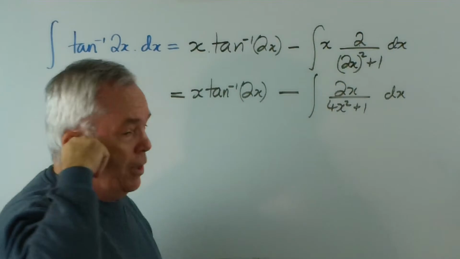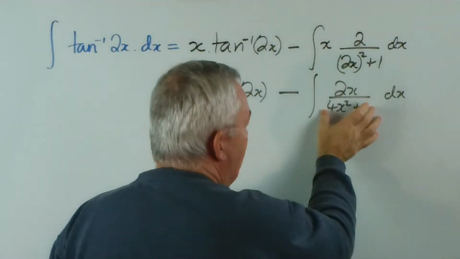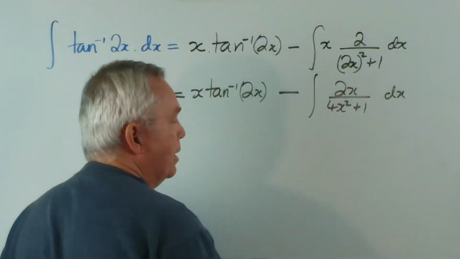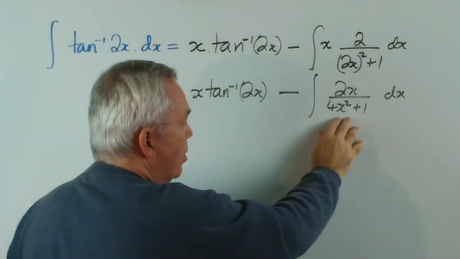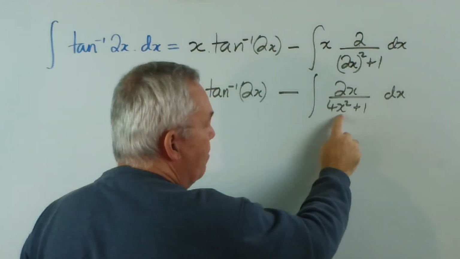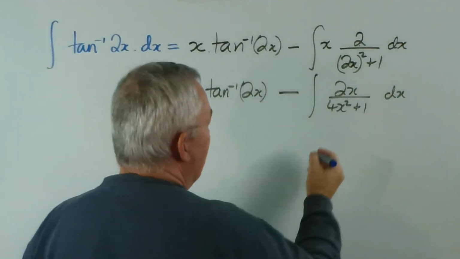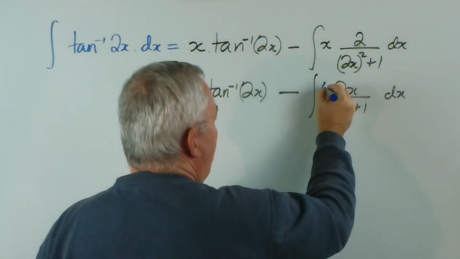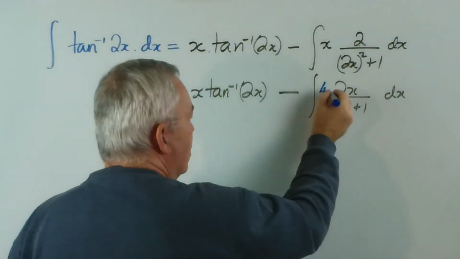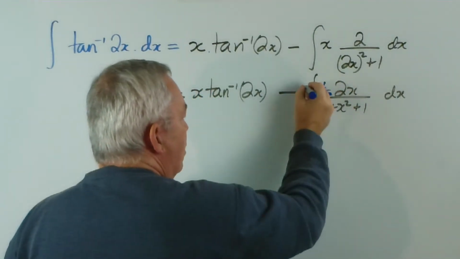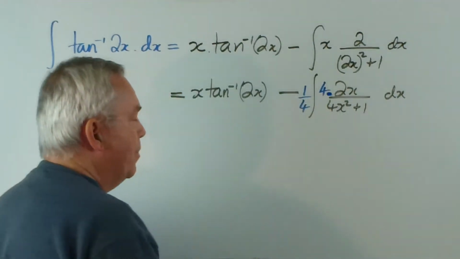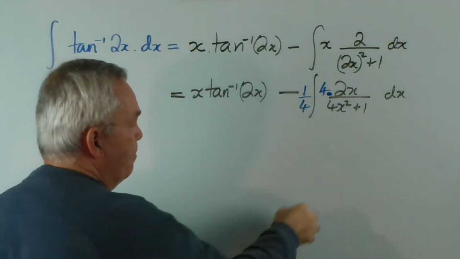Now I hope you notice very rapidly that the derivative of this very closely resembles that. That is, the derivative of the denominator would be 8x, and all we have to do is multiply the top by 4, I'll use a dot, and divide by 4 out the front as a compensating factor.